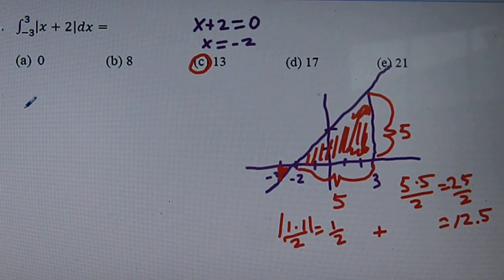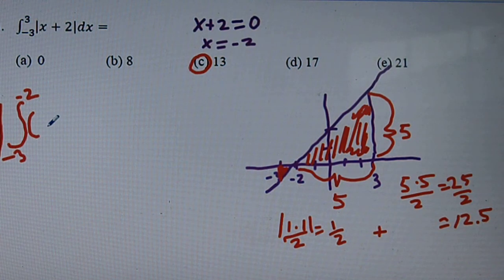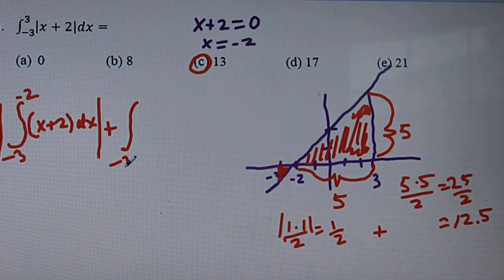We can also work this problem out with the integral. We can put these two here. We're going to have the absolute value of the integral from -3 to -2 of x plus 2 dx, so that's going to be the absolute value of that, plus the integral from -2 to 3.